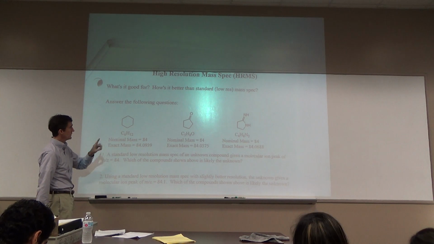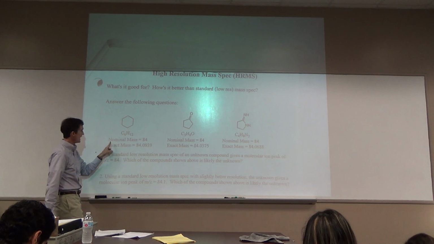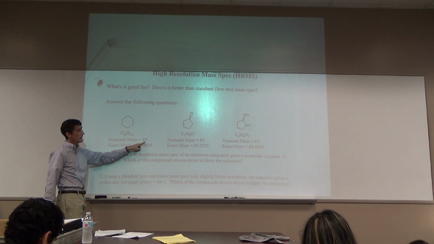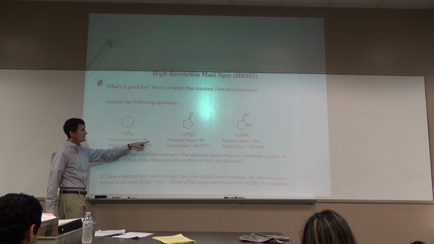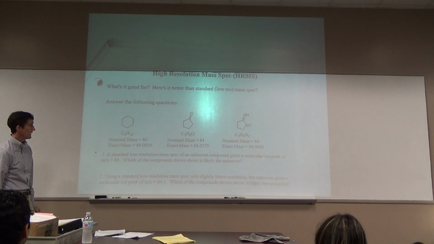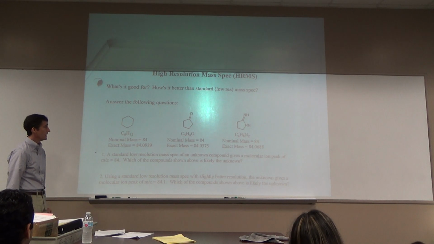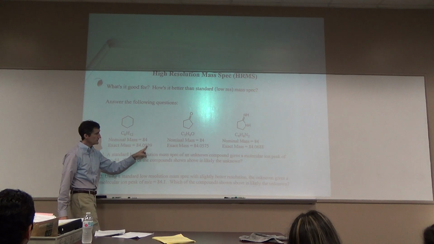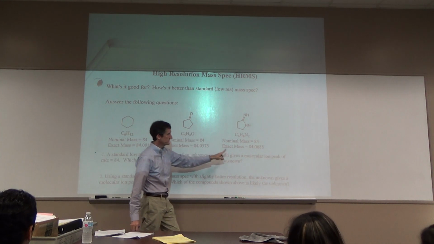Look at this example though. All 3 compounds here have a nominal mass that is a whole number mass of 84. So if you were just looking for a molecular ion on a low res, it'd also say 84. But if you do high resolution mass spec and get 4 decimal places, now you can see a difference in these.